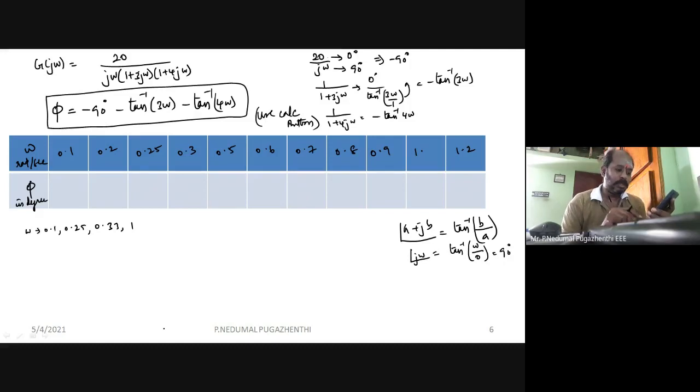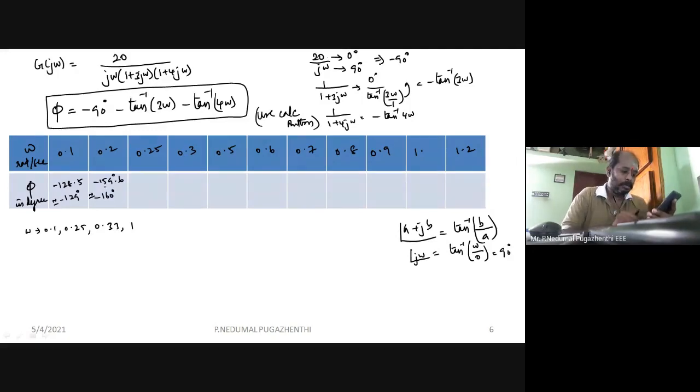For 0.1, what am I getting? I am getting minus 128.5, so I can round it up to minus 129 degrees. Again press calculate. For 0.2, I am getting minus 159.6 degrees, so I will round it off to minus 160 degrees.